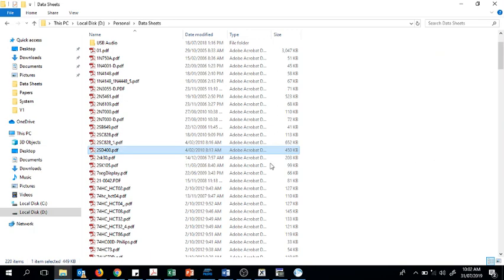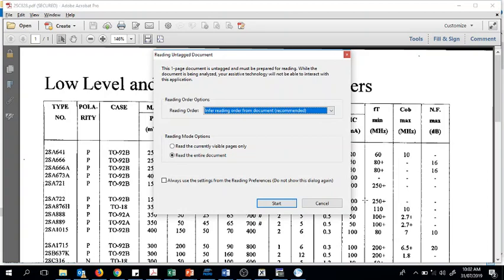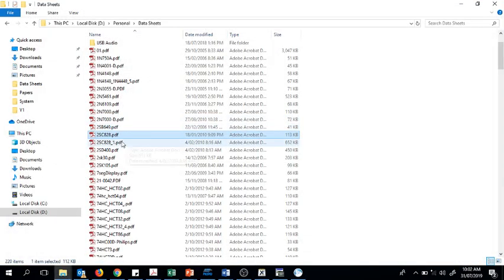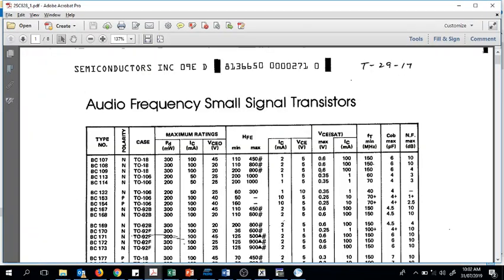And here you have a set of data values. You can read what all these are, and you can see this is HFE, right?